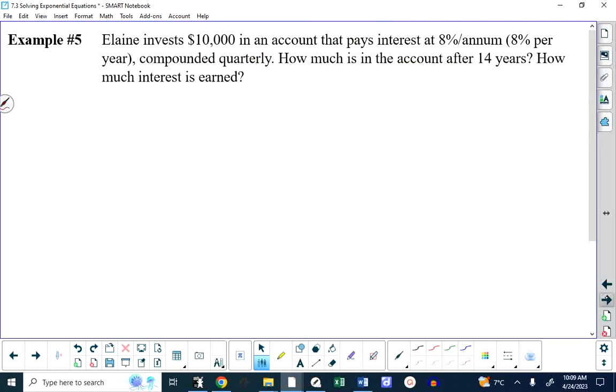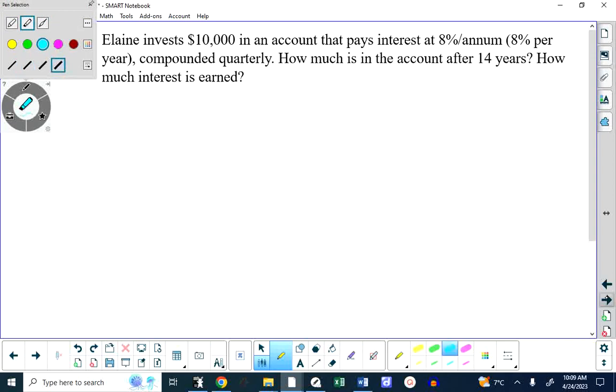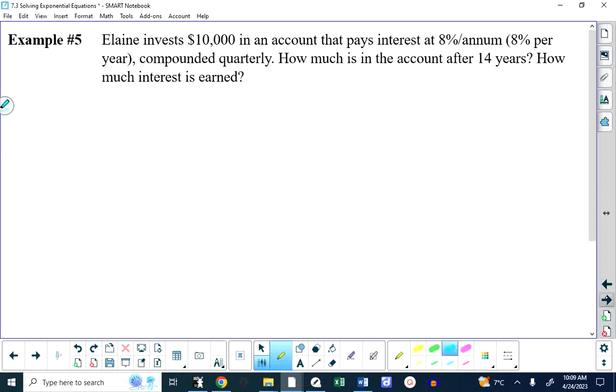All right. Elaine, Jerry's friend, also has $10,000 she can play with in an investment, and she puts it into an account that also pays 8% per annum, but it's compounded quarterly. Whenever a bank or an investment company gives you an interest rate, it will almost always be an annual interest rate.